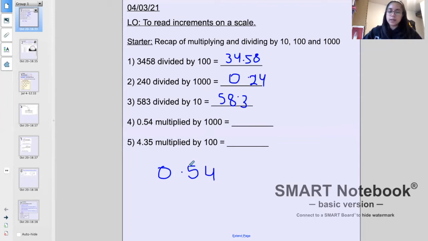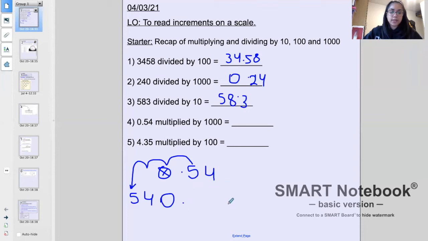So because this is a 0 as a placeholder, we're not going to look at that one just yet. So we've got 5. And we're going to move that 1, 2, 3 places there. So that's a 5. And our 4 goes 1, 2, 3 places next to the 5. We have nothing here, so I'll put a placeholder there.